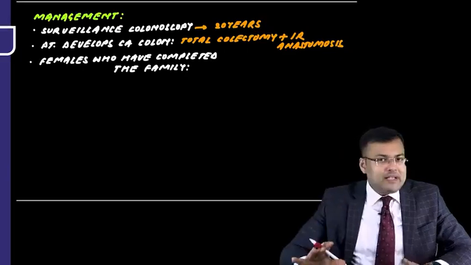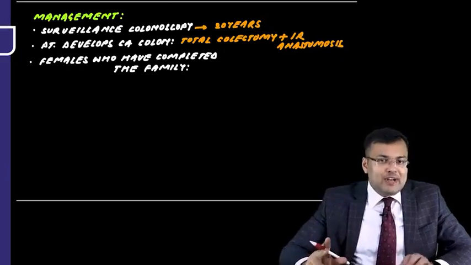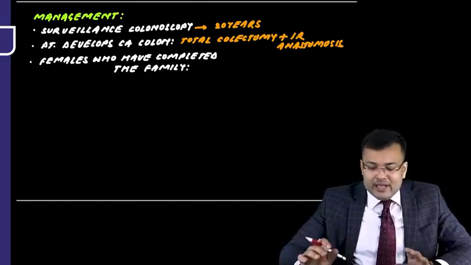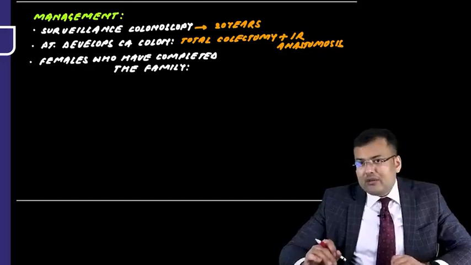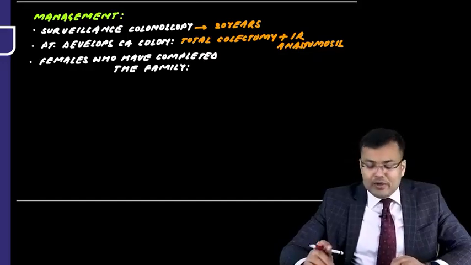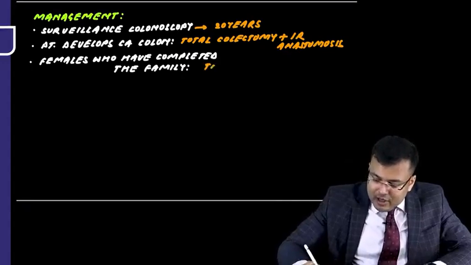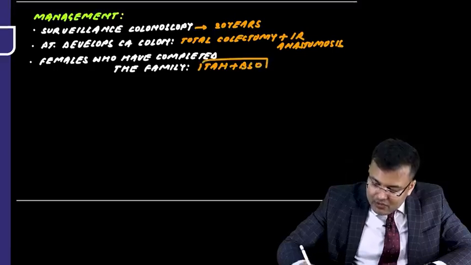Another situation, imagine a female who is having 2 kids, means she has completed the family. So which organ should be removed? In such patients, we go for transabdominal hysterectomy plus bilateral salpingo-oophorectomy. Question, why?